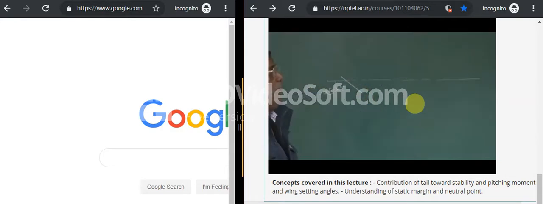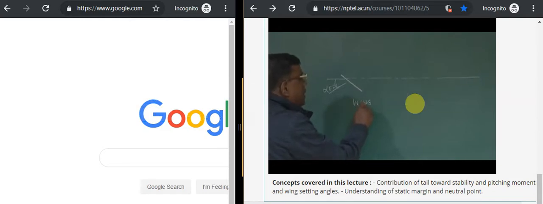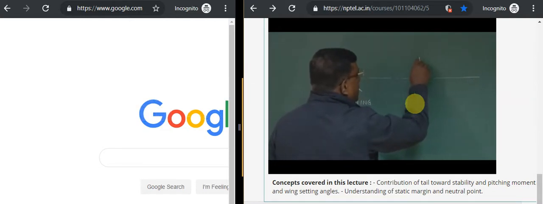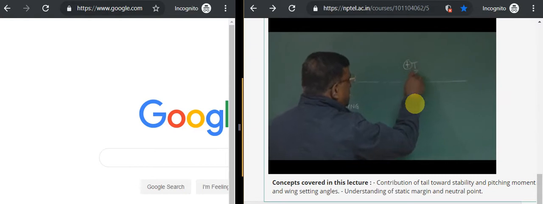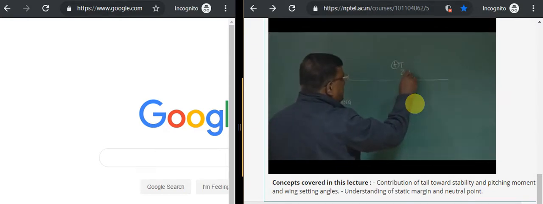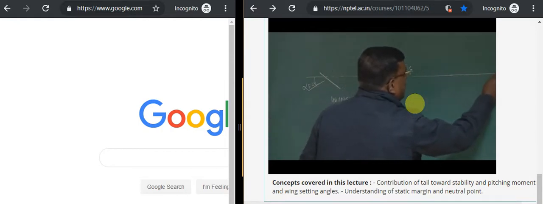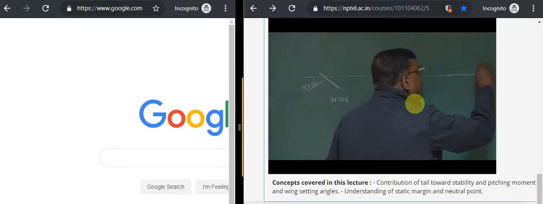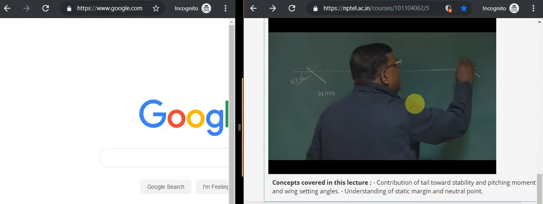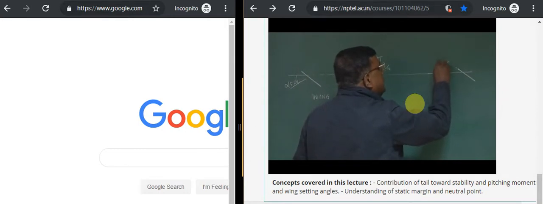We are talking about tail contribution. Let me draw the diagram. This is the wing part. We have already done that. CG is somewhere here. This is ZCG. And this tail is somewhere here, let us say. The tail also has some setting angle, called i_t.